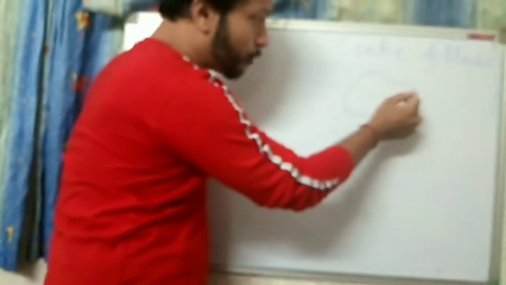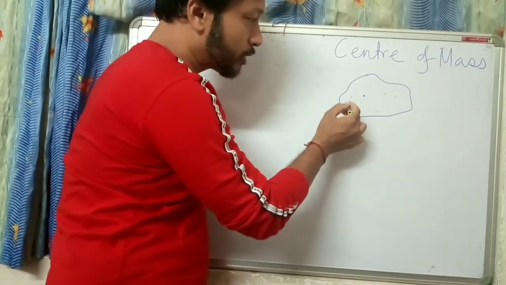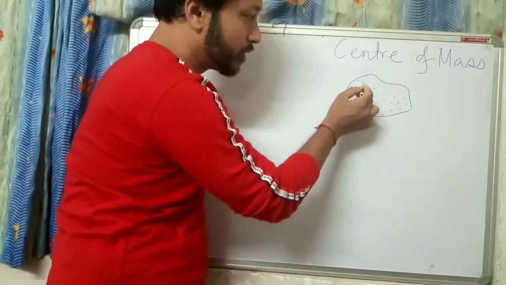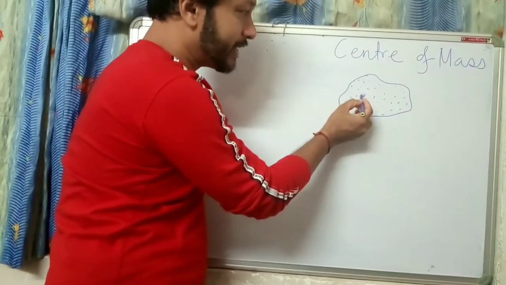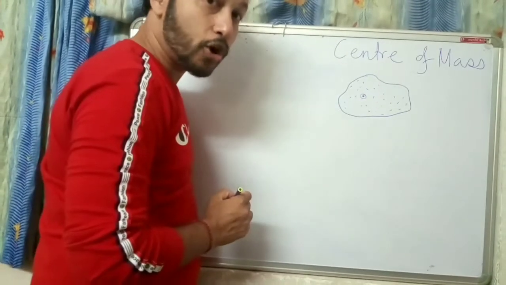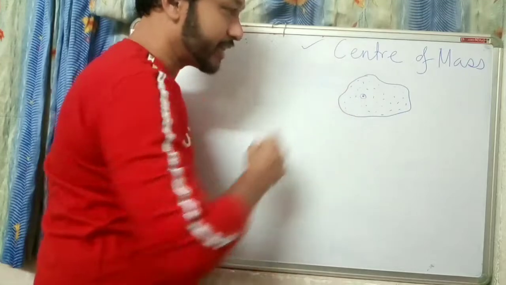The total mass of all the points of the stone is accumulated here, which is called center of mass or center of gravity.